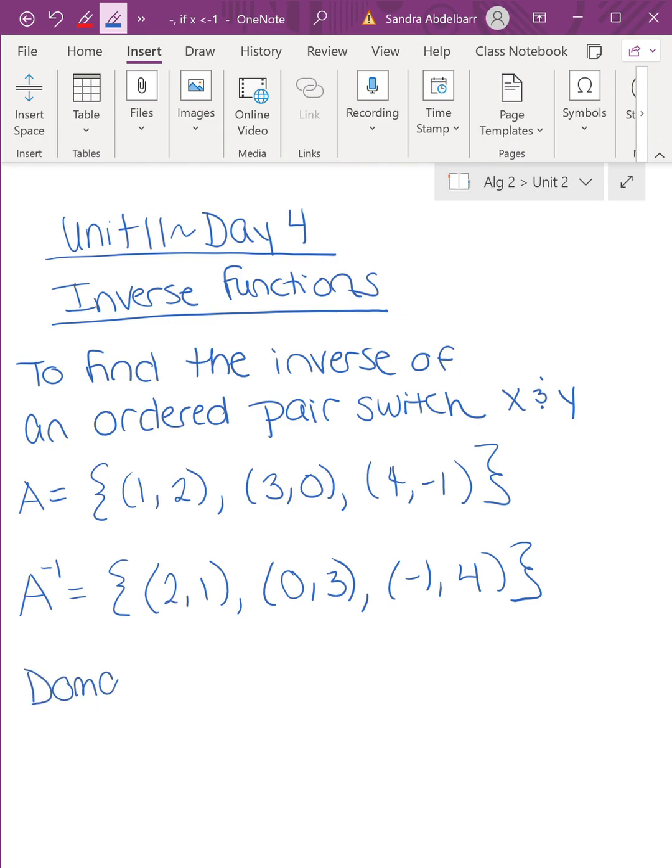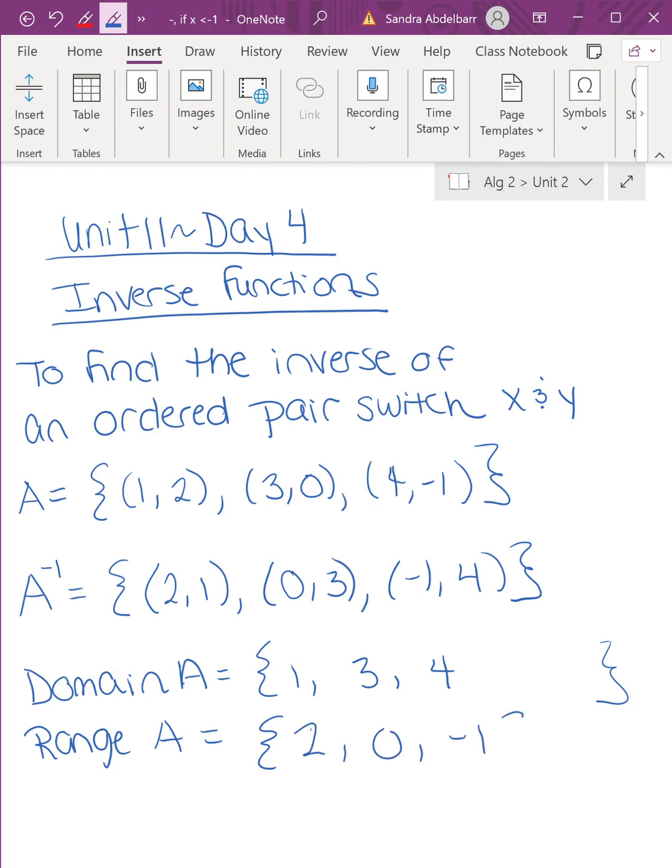So someone tell me, what was the domain of relation A? 1, 3, 4. Isn't domain our x coordinates, right? Can somebody tell me what is the range of A? Somebody besides Arish. 2, 0, negative 1.